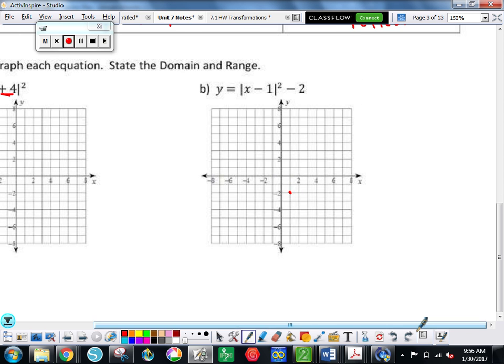Now, A on this one is 1. The pattern for an absolute value, the slope is just 1. So up 1 over 1, all the way through. On the left, it goes up 1 over 1, so to the left. So it looks like it.